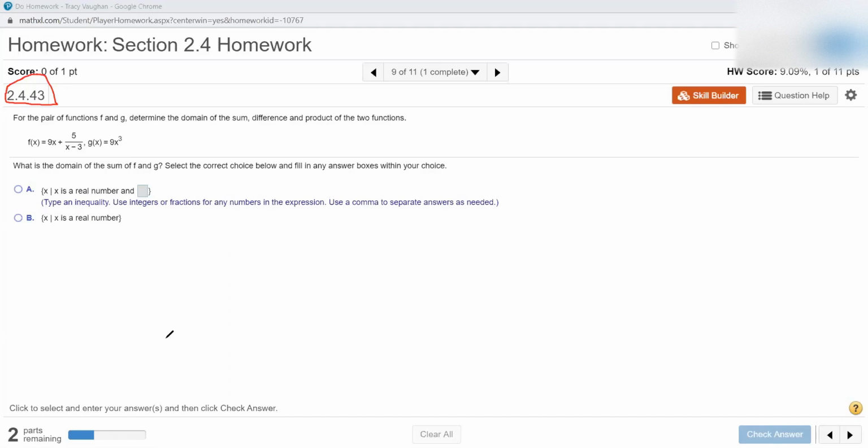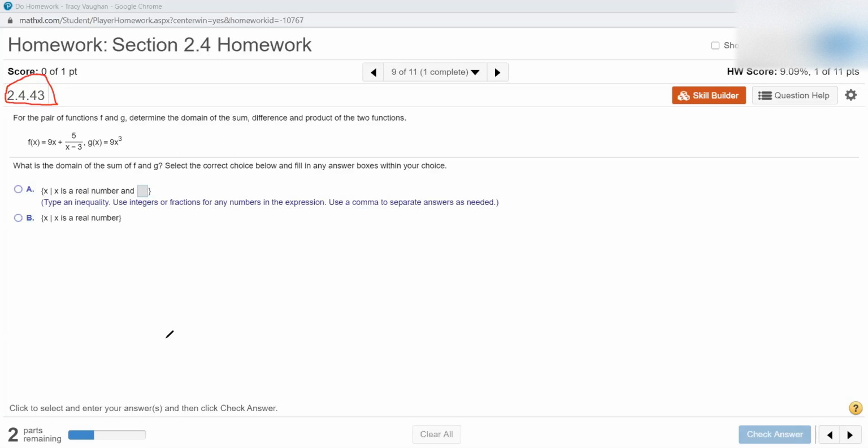All right, so we have two functions, and we have f of x is equal to 9x plus 5 over x minus 3, and g of x is equal to 9x cubed. And what we want to do is find the domain of f plus g.